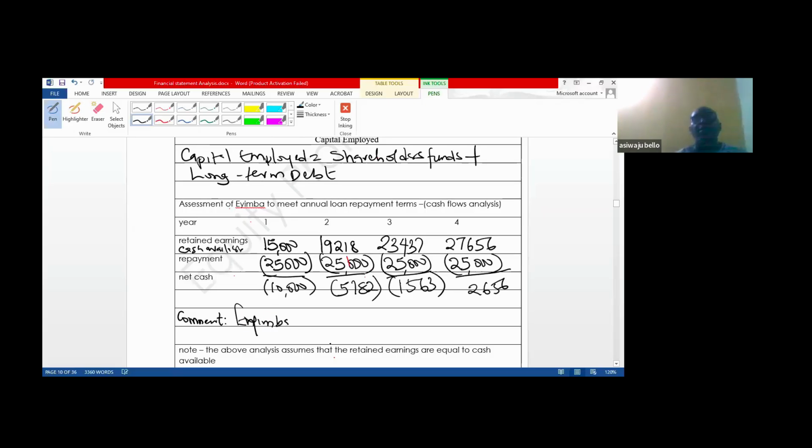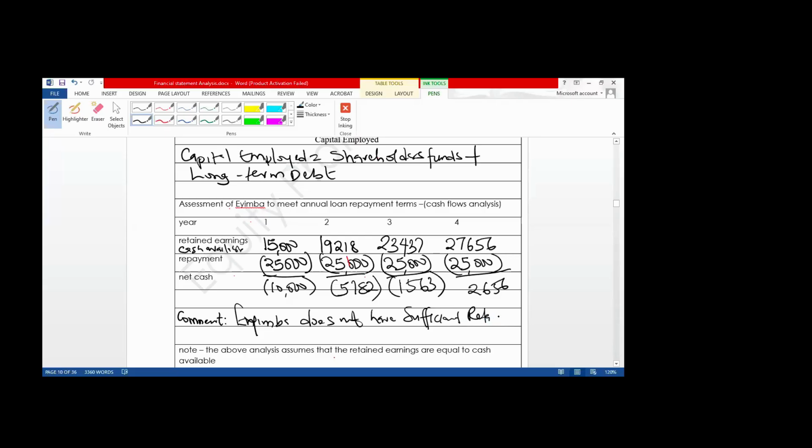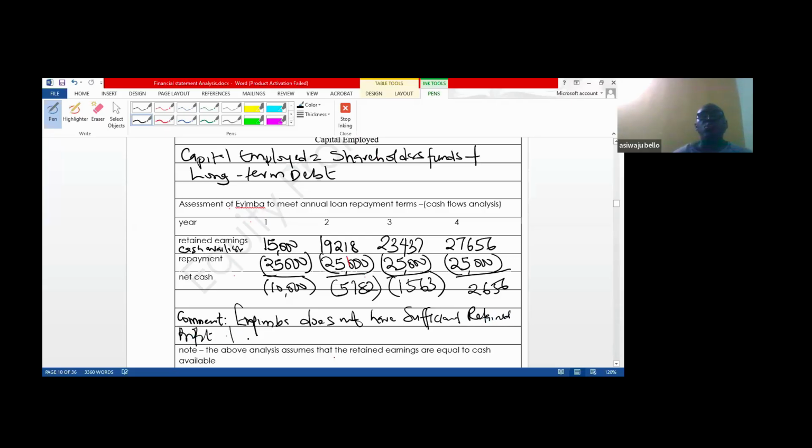Comments: Enyimba does not have sufficient retained profits to meet the loan repayment conditions. Your comments here with me.